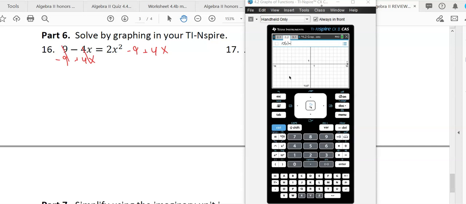So we'll graph that. It'll be 2x squared minus 9 plus 4x. Looks like that. And you're going to use the trace command, menu 5.1.